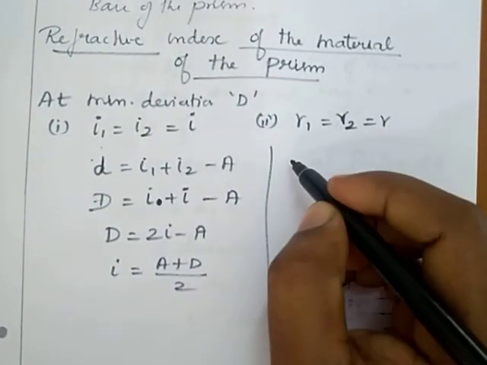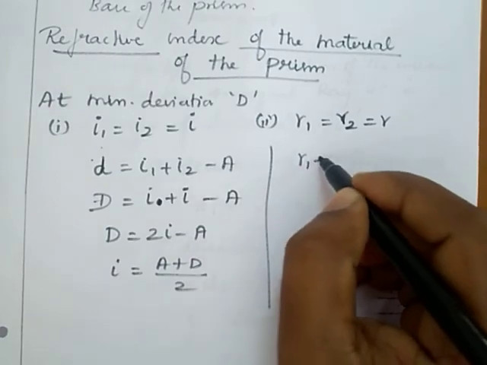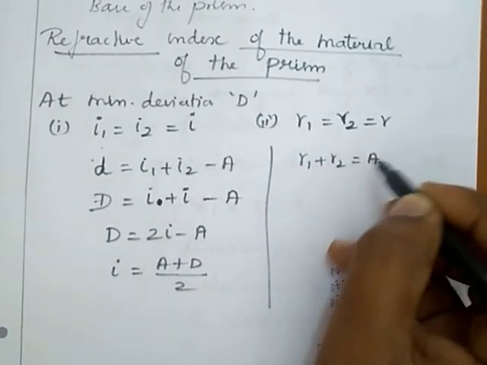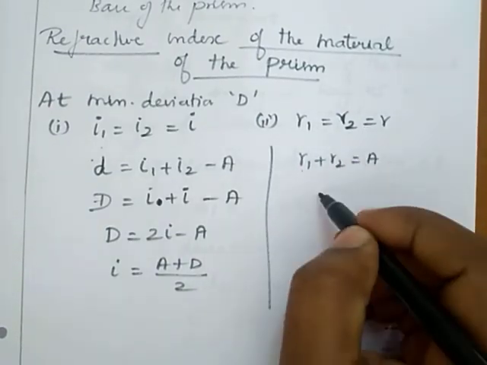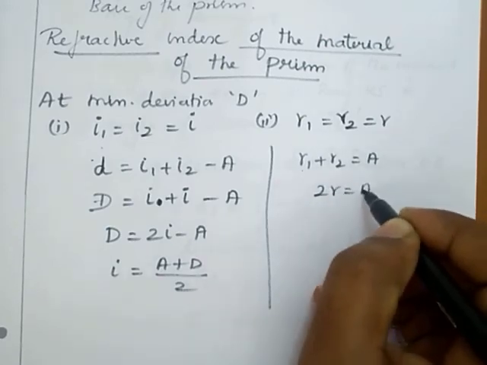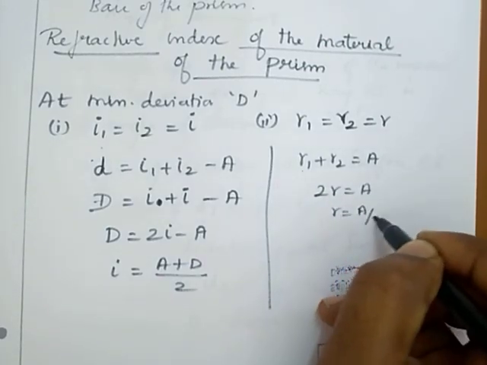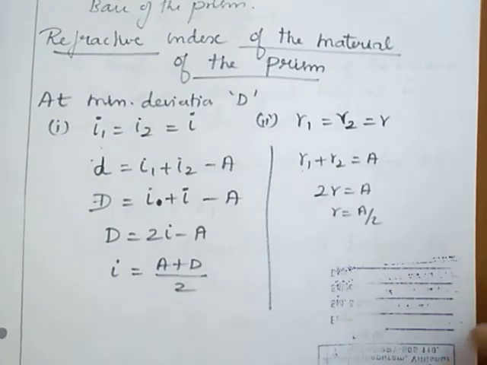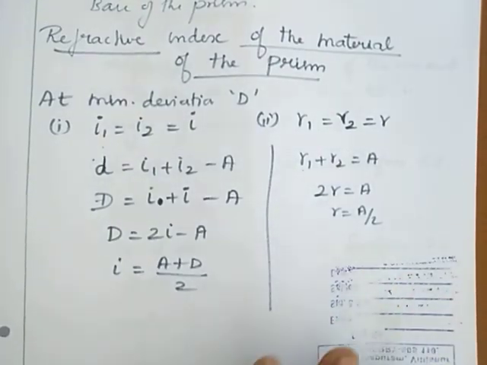One more thing we know, R1 plus R2 is equal to A. Since R1 and R2 are the same, 2R is equal to A, then R is equal to A by 2. Refraction is possible at the surface, so we can apply Snell's law.